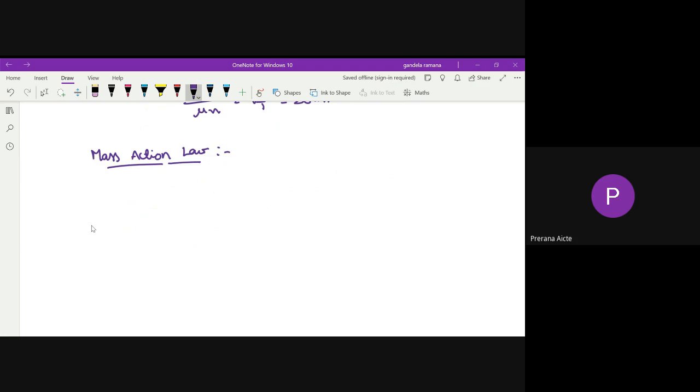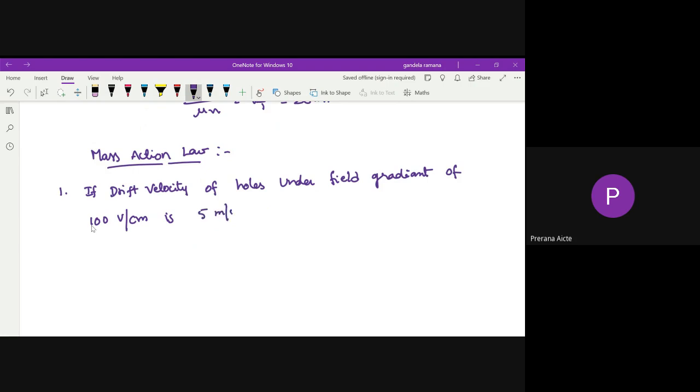In that, the first one: if the drift velocity of holes under a field gradient of 100 volt per centimeter is 5 meter per second, what is the mobility?